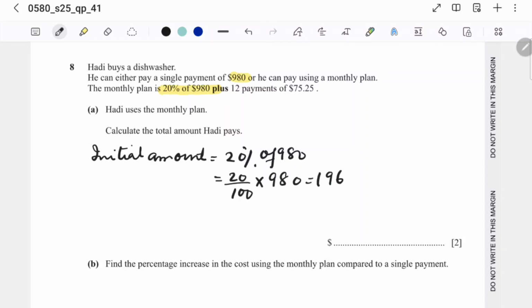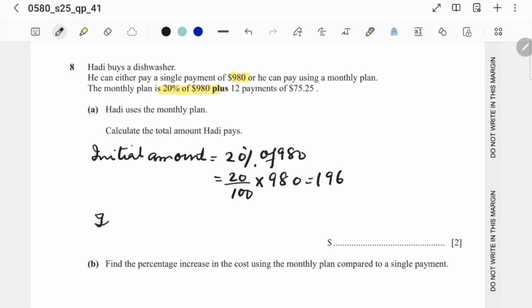That is $196, and then after that he paid 12 payments of 75.25. Every month he is paying 75.25.